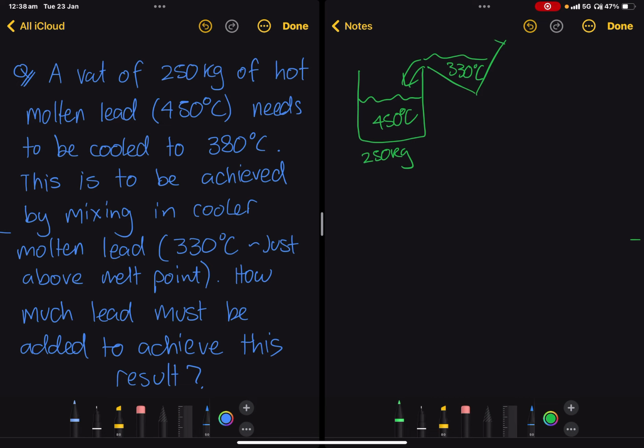Now in this particular mixing problem, when we think about the final mixture, it will essentially mix together and reach a uniform temperature. In order for this to be the case, we need Q to be equal to Q. So we need the heat that the hot molten lead loses to be equal to the heat that the cold molten lead gains.